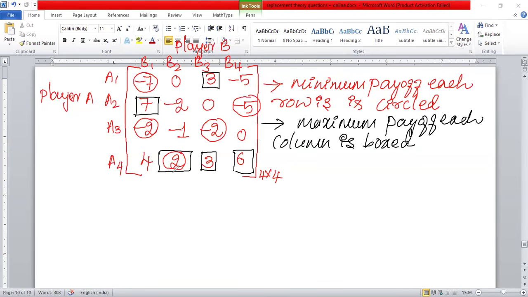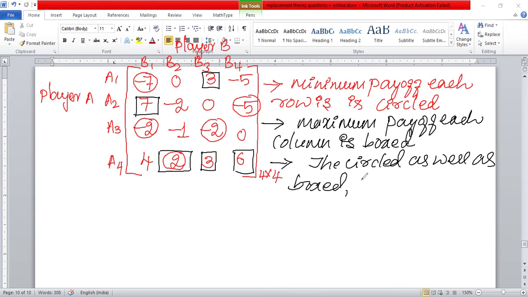Look at that, we got an answer, circle as well as box, that is called +2. The circle as well as boxed is the saddle point. The saddle point is 2. So next, the saddle point position.